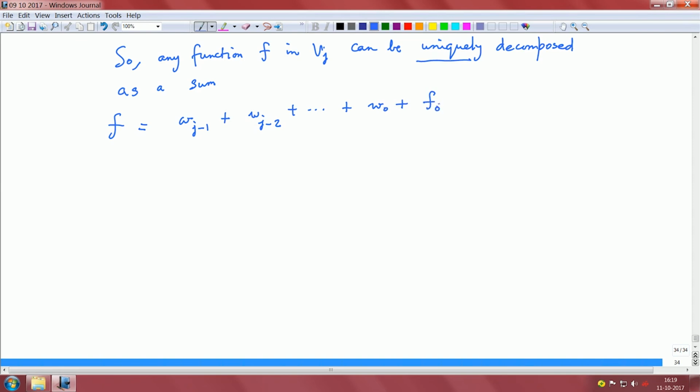Plus f0. Now wl can take care of a short burst of width 1 upon 2 power L plus 1. I mean, this is the resolution.